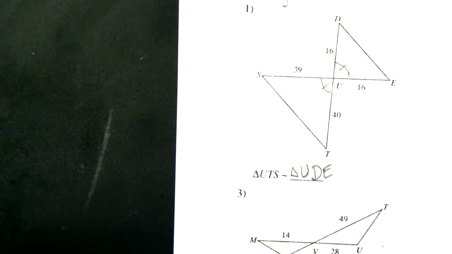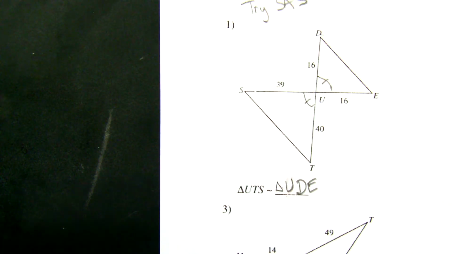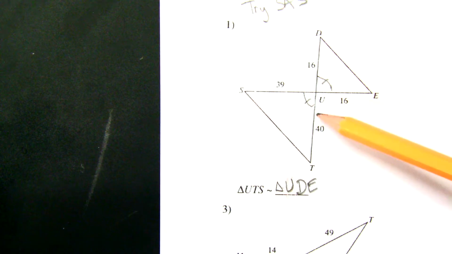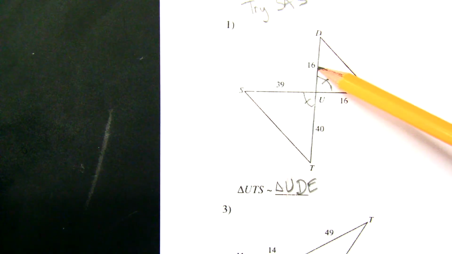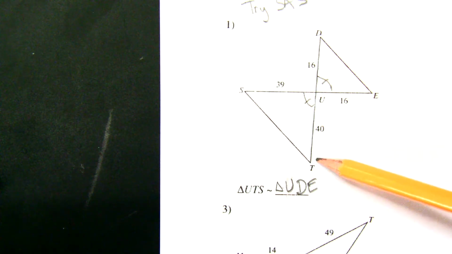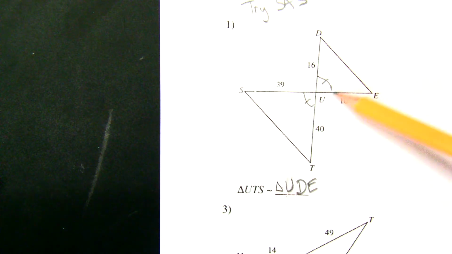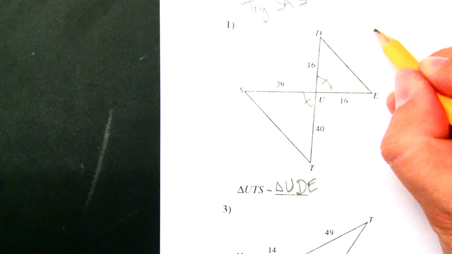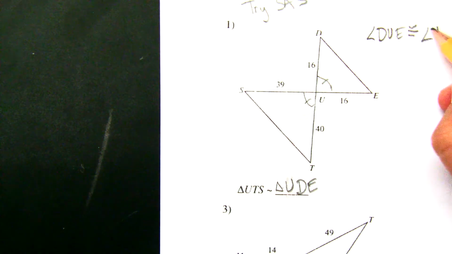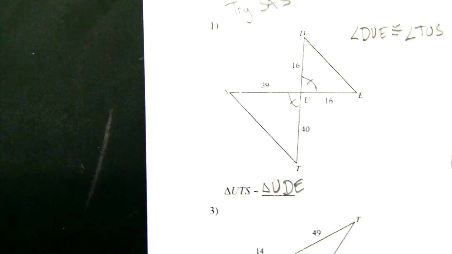Now, in order to prove the two triangles are similar by SAS, I need to show that the two pairs of sides are proportional and the included angles are congruent. Here are my sides, SU, UE, DU, and UT, and the included angle I know is congruent. So I've got the included angle part fine, right? Angle DUE is congruent to angle TUS. So that's already done.